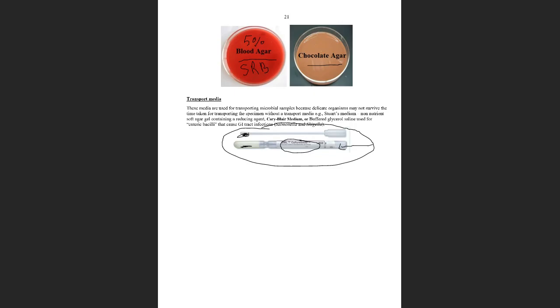The purpose of transportation media is to keep the microorganism alive. If you did not use this, the microbe present on the patient swab will die by the time the specimen reaches the lab. So transportation media are used to maintain the integrity of the specimen. They keep the microorganisms collected from the patient sample alive.